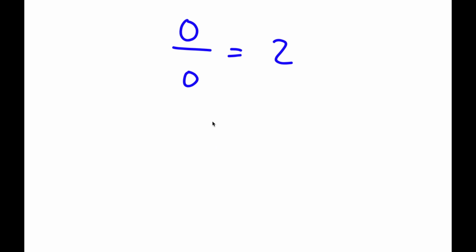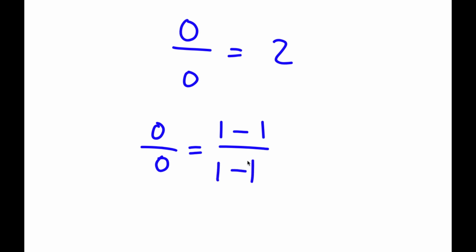Alright, so in this problem, I'm going to be proving that 0 divided by 0 is equal to 2. So first off, I'm going to simply start with 0 divided by 0. And now 0 is the same thing as 1 minus 1. So now I have 1 minus 1 over 1 minus 1.